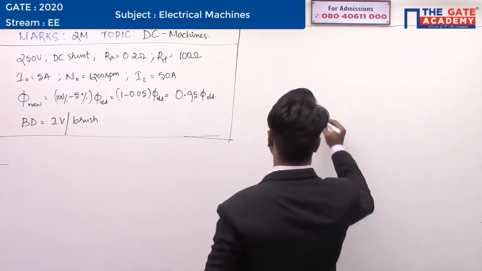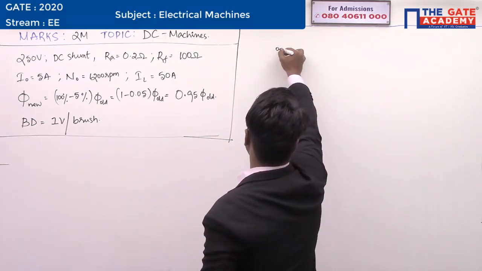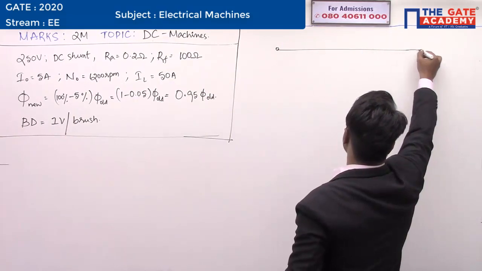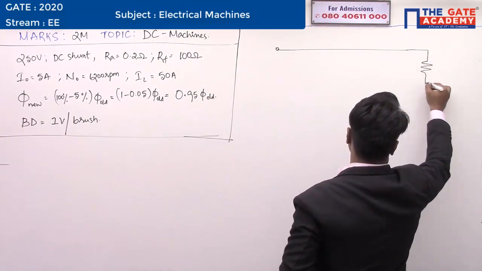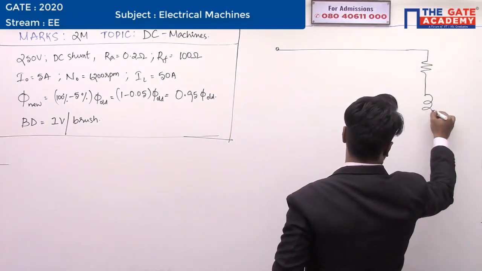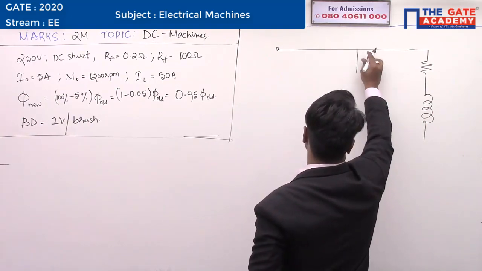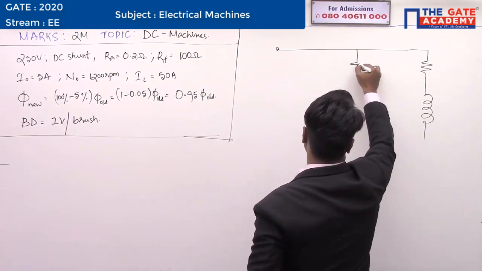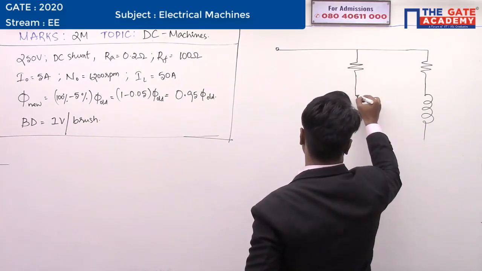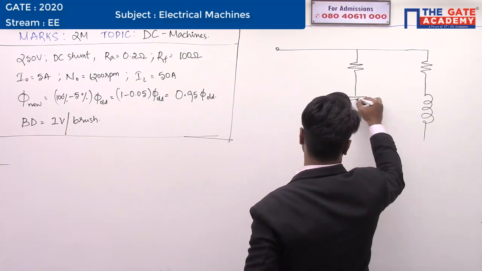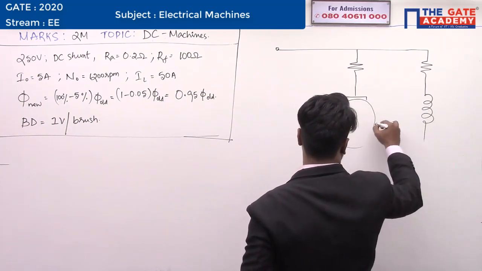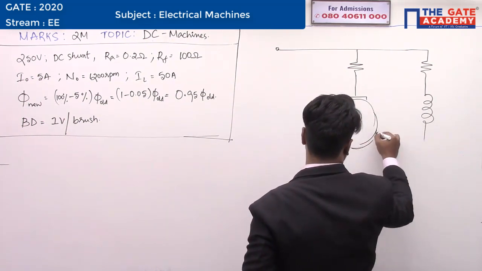So let us construct a DC motor diagram. This is how your DC motor is going to be: a shunt field, and in parallel with this you will have RA, the armature resistance. In series with the armature resistance you have the rotor circuit like this, the motor.